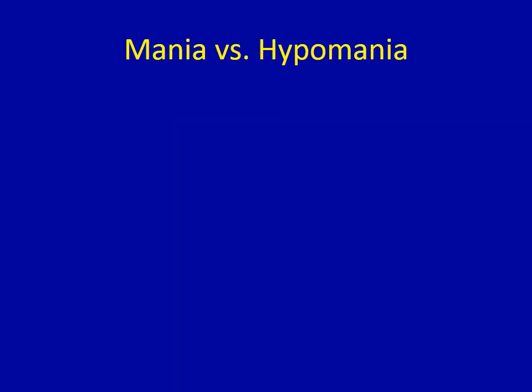So to distinguish between mania and hypomania, we're going to consider a few different elements. So first we'll define a manic episode. So to diagnose someone as having an episode of mania, the person needs to exhibit at least 3 or more of the symptoms that we discussed, in addition to that key mood symptom of elevated, expansive, or irritable mood.